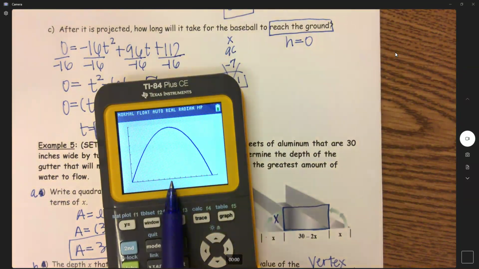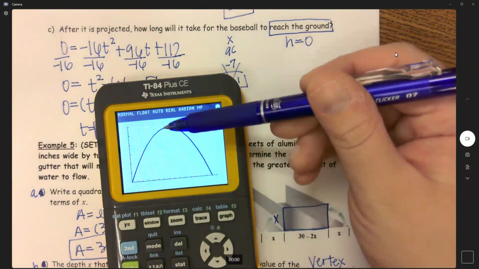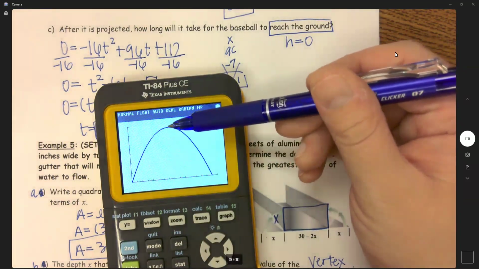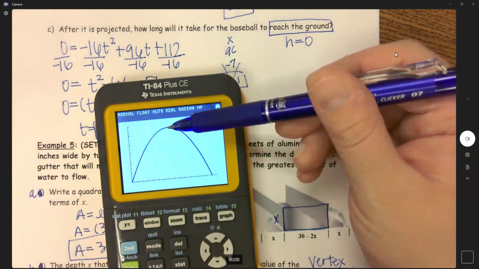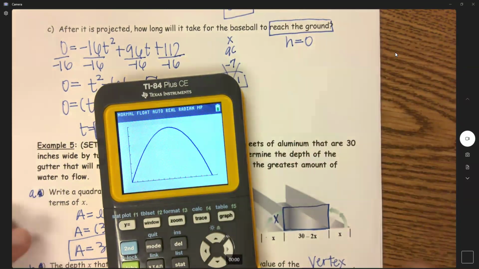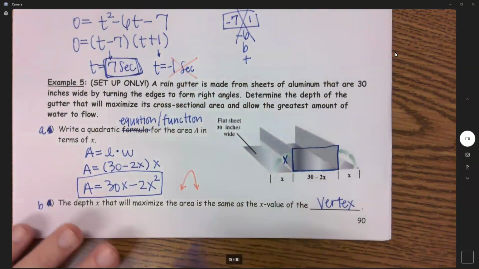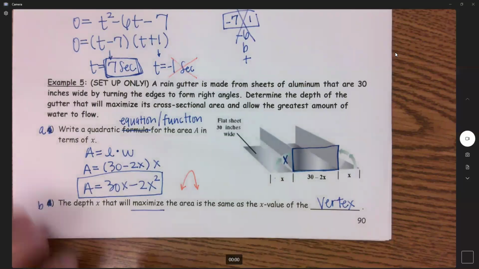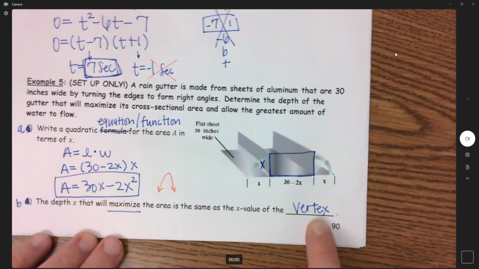And then you can plug in this x value to get the y, to figure out the maximum amount of area you can make this rain gutter. So again, that key word here is maximize. When you see maximize or maximum, that is screaming vertex.